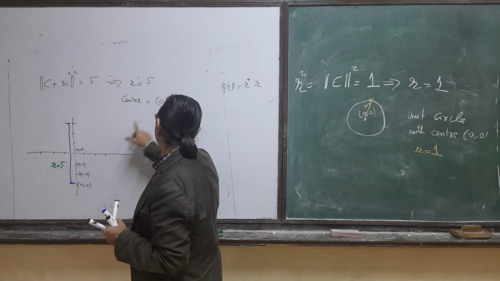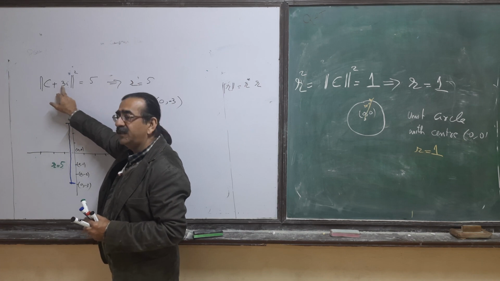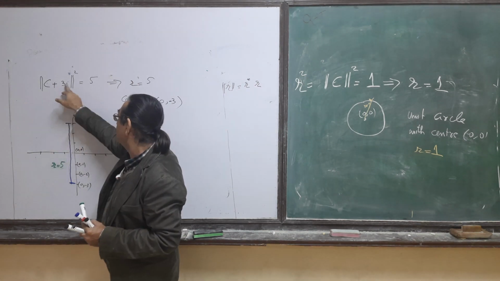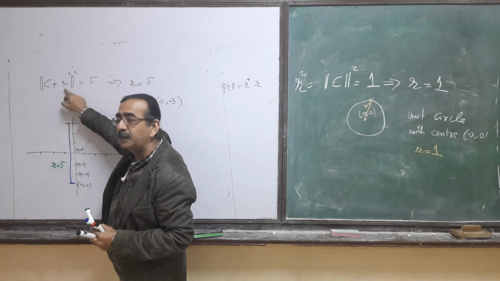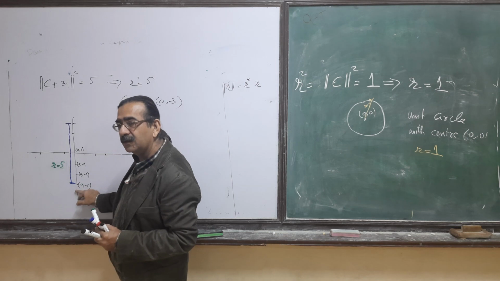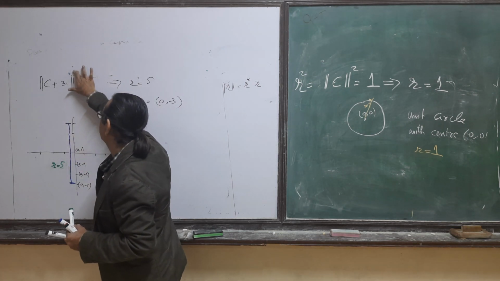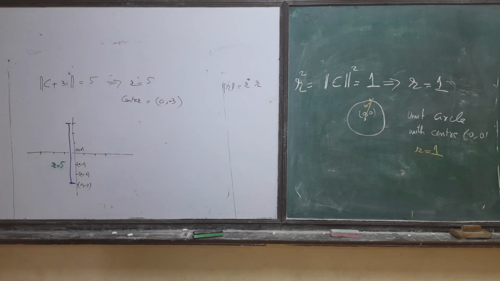Center is, okay, because if this is real, then this is imaginary. This will go to the second, minus 3i, so this will go along this. Oh, sorry, that's my mistake.